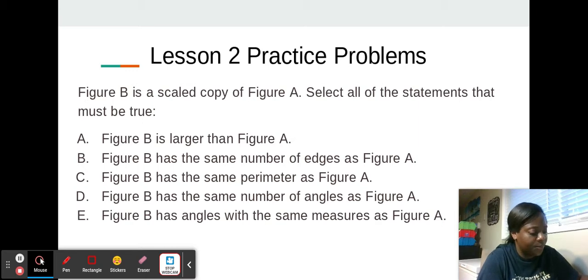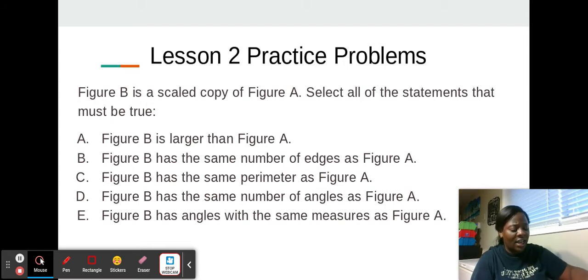So B is true. C says figure B has the same perimeter as figure A. Well, the perimeter is going around the edge, and we know that's not true because if something is larger, it will have a larger perimeter. If something is smaller, it will have a smaller perimeter. So C is a no.